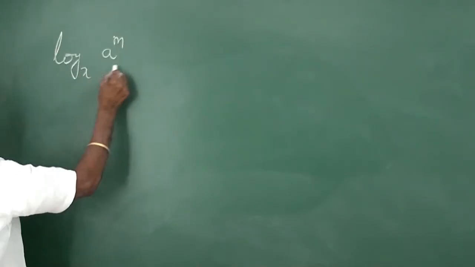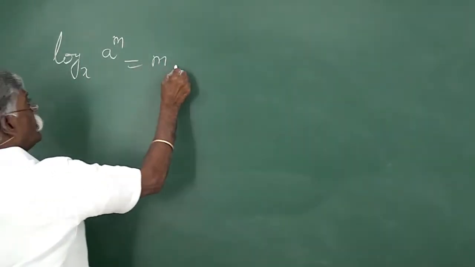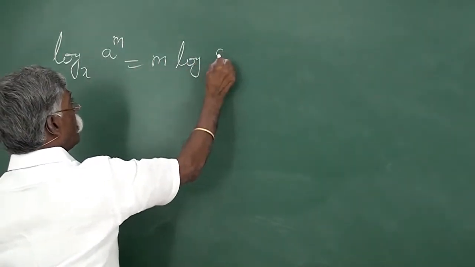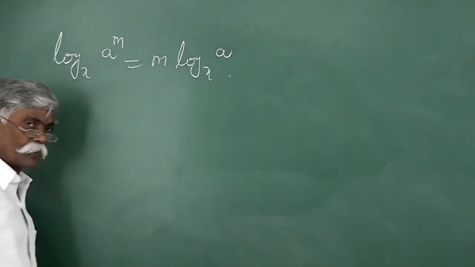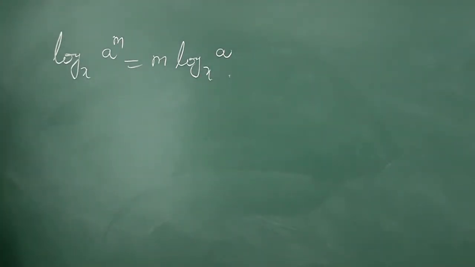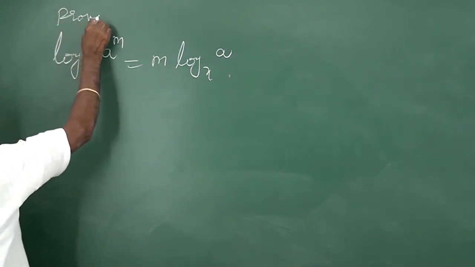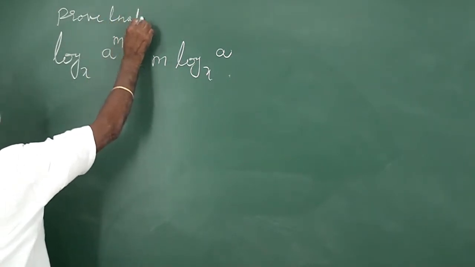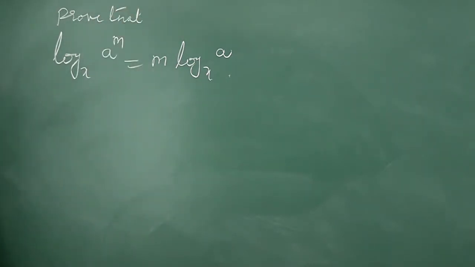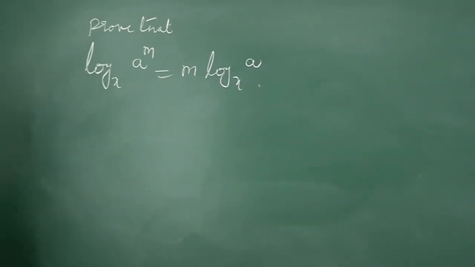Logarithm of a power m to the base x is equal to m log a to the base x. This is what we are asked to prove. So prove that logarithm of a power m to the base x is equal to m log a base x.